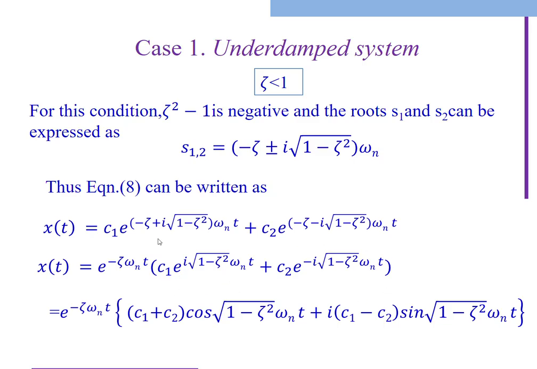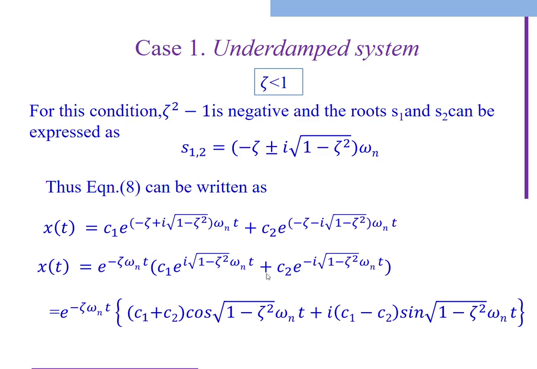If you solve this equation, you can get the final equation like e to the power of minus zeta omega n t into c1 plus c2 as common. For the first terms we used to take cos under root of 1 minus zeta square into omega n into t for both cases, c1 and c2.